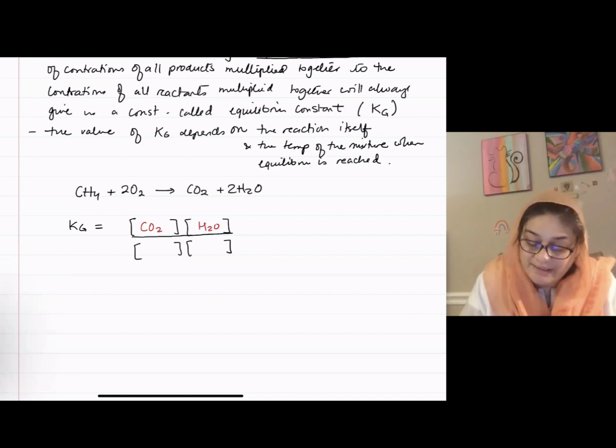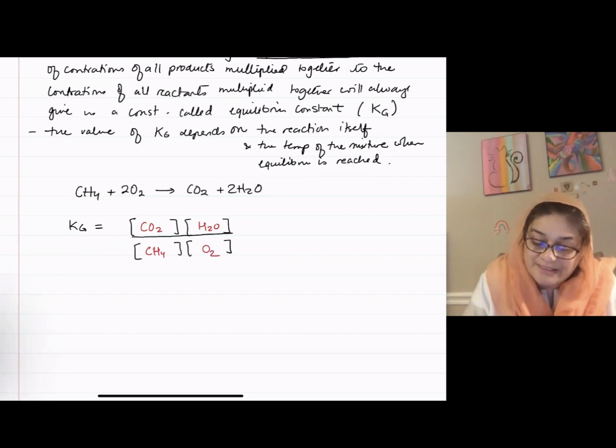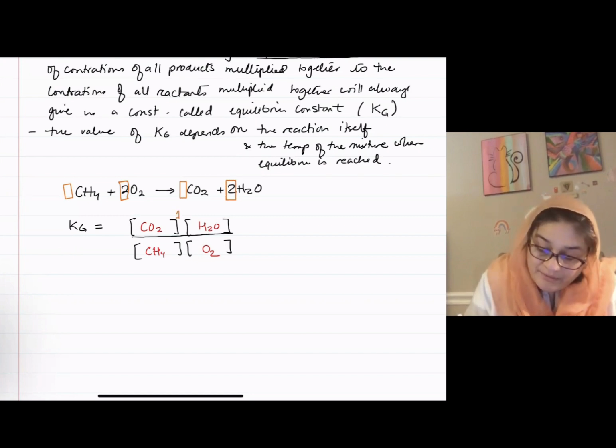And what are the reactants? CH4 and O2. Now, here's where it gets interesting. I still have to worry about the coefficients. And where will these go? To the power. Because I have to do the product of everything.